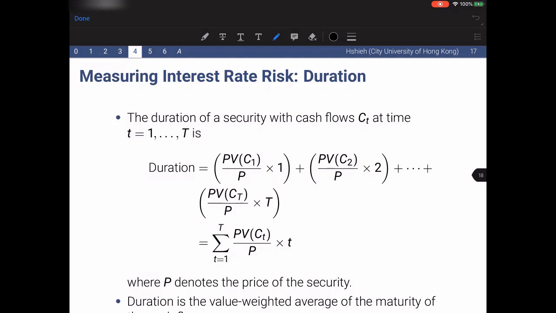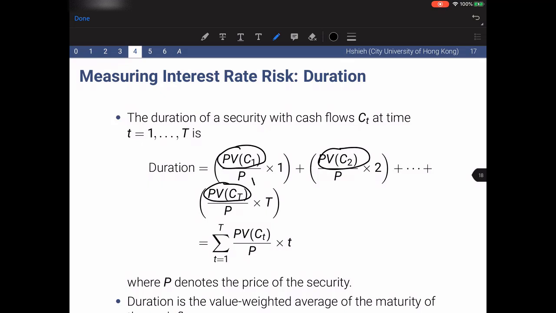Okay, so you can think of this PV of C1 as the price of the coupon payments, or precisely the present value of the coupon payments 1 year from now, or 2 years from now, or capital T years from now.